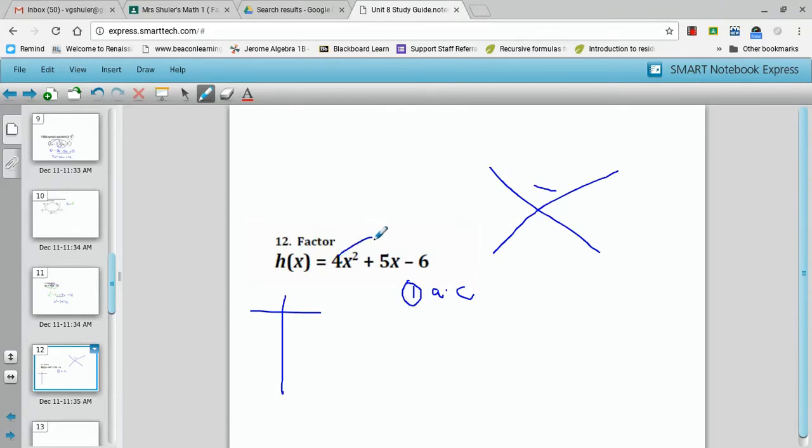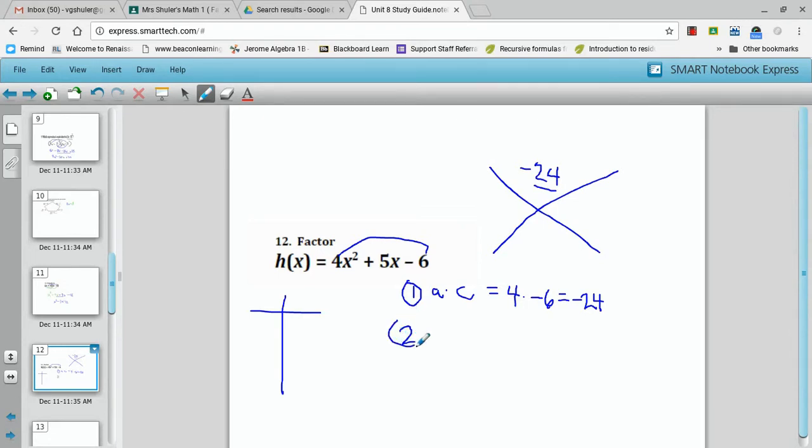So A is your first term, times your C, which is your last term, which is 4 times a negative 6. Watch that sign. 4 times a negative 6 is a negative 24. So we need our two numbers to multiply together, give us negative 24, our A times our C. Now they need to add up to be our B term.